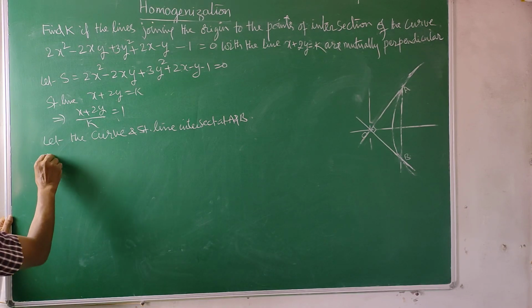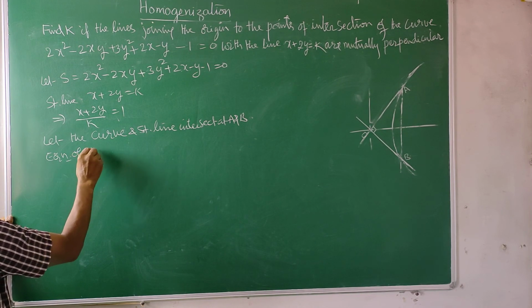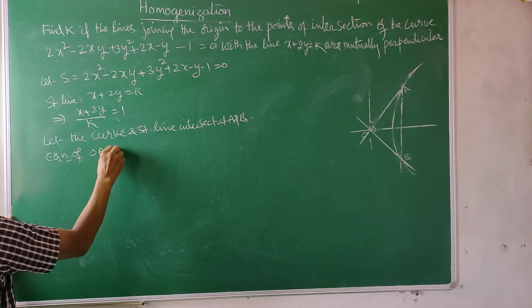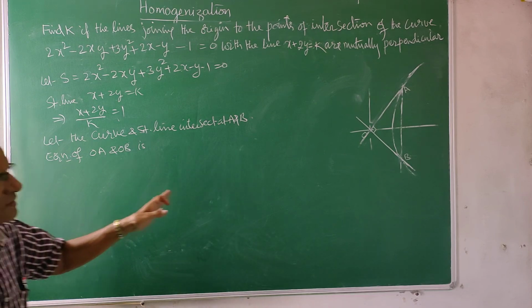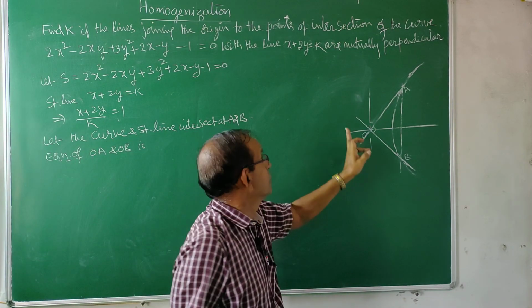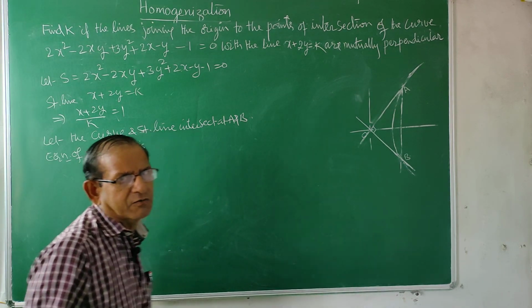Equation of OA and OB: we have to make the equation of the curve homogeneous with the equation of the straight line. Then you will get the equation of OA and OB.